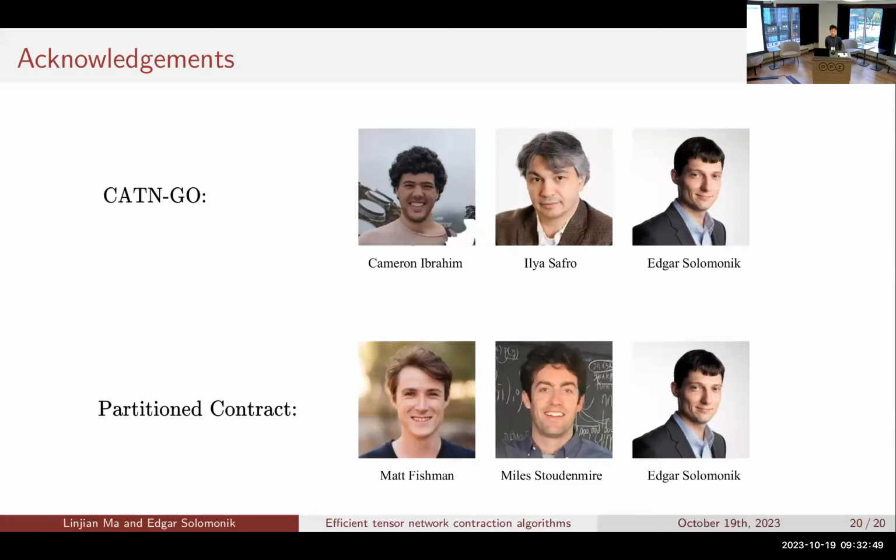Nice talk. Would you comment on the resource requirements for cat and go? It's faster, but oftentimes you want to actually minimize the size of the intermediates that you're generating as you contract. How do they compare? Are you talking about the computing resource? Well, basically, the max memory of the intermediates would also be useful to know.